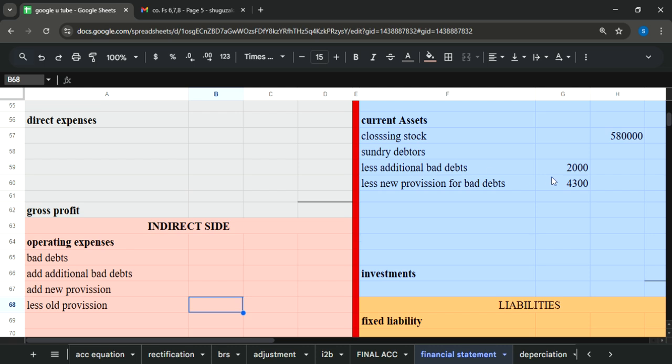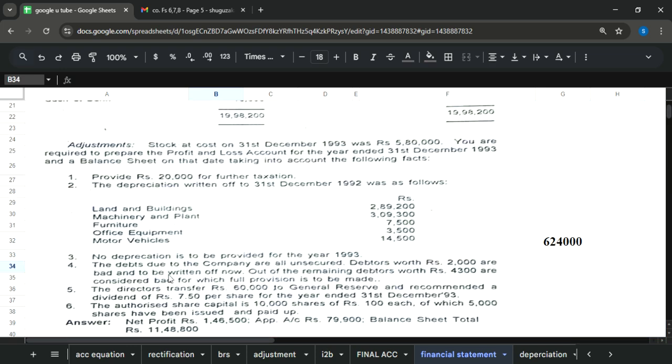Additional bad debts 2000. So the second effect is completed. New provision 4300, that would be written over here. In this way, amounts present in adjustment have their dual effect. And ultimately we'll say adjustment number 4 is completed because both effects are completed.